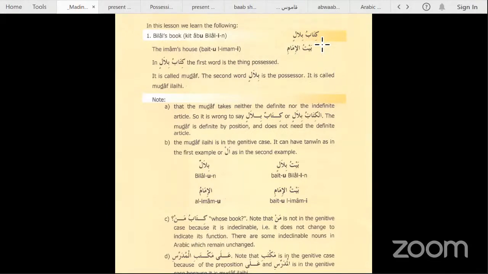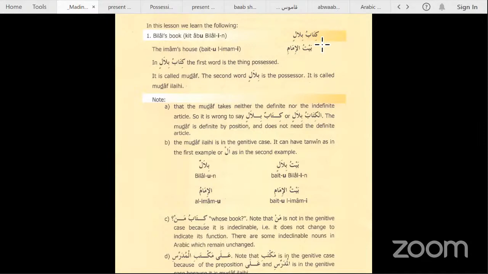So the verb before that noun will make that object mansub. Sorry, what was that, sister? If the verb comes before the mudaf, that will make the mudaf mansub, not the mudaf ilayh, the mudaf itself. Yeah, okay, that's right.